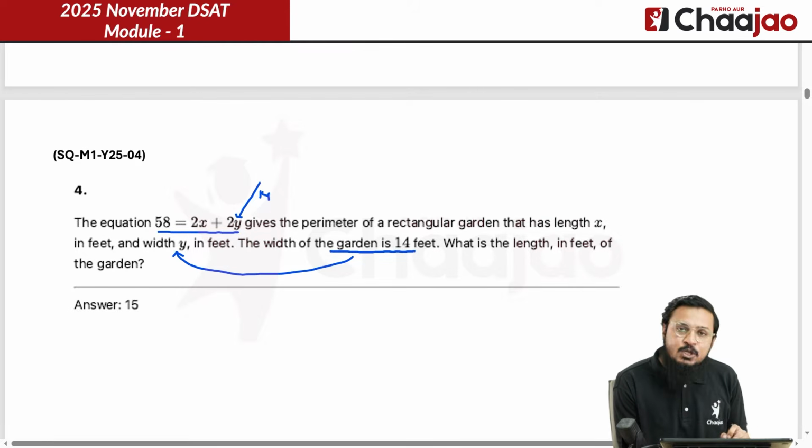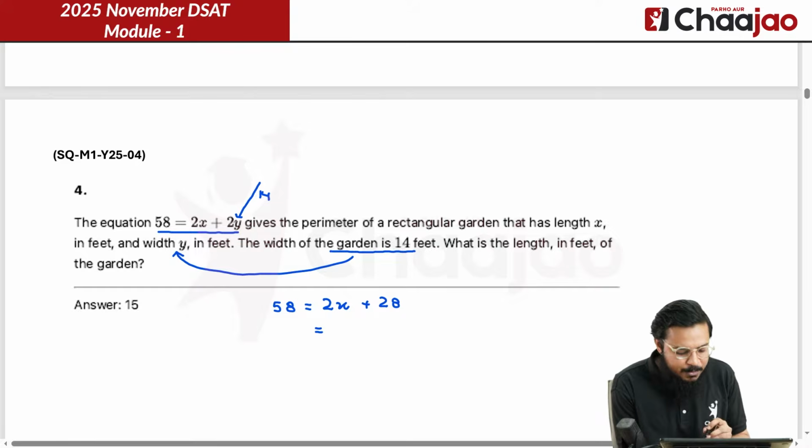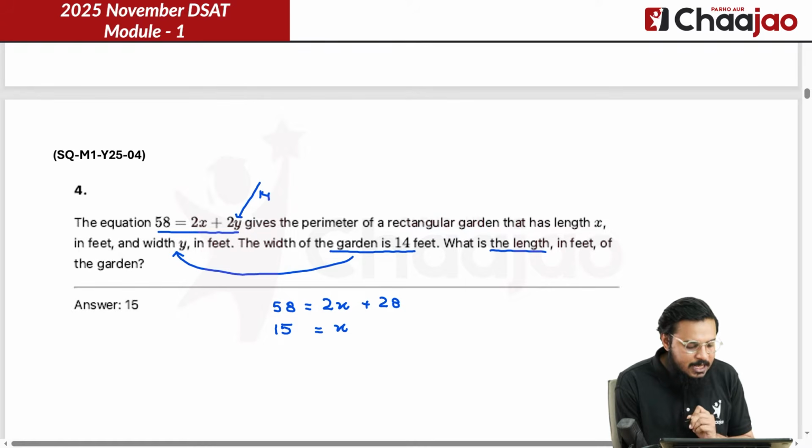If you substitute the number 14 into the given linear equation, this is how the equation would look: 58 is equal to 2x plus twice the number 14, that would be 28. If you subtract 28 on both sides and then divide by 2, solving for the variable x, which represents my length, I would be able to figure out the value of x as 58 minus 28, which is 30, divided by 2, so x would be 15.